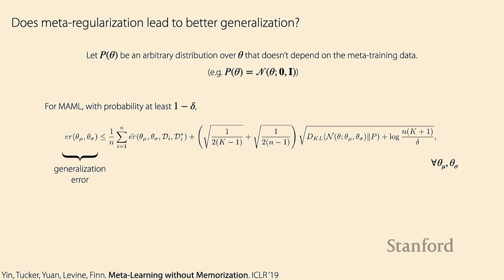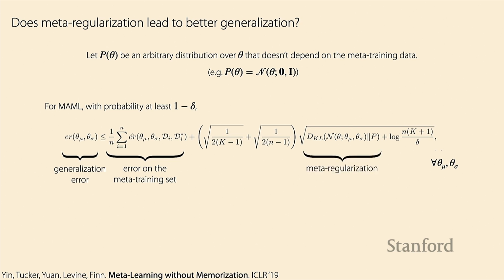But basically what this amounts to is we're trying to bound the generalization error, or basically how well this meta-training algorithm will generalize to new meta-test tasks. So that's the left-hand side. The right-hand side is a bound on the error. This corresponds to the error on the meta-training set plus the generalization gap.